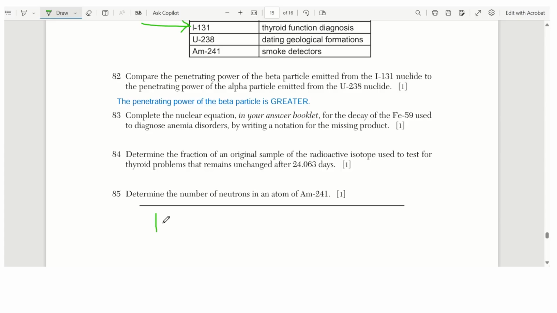First, if in a fraction, I start with 1, the whole thing. Then I would have a half. After another half-life, I'd have half of a half, which is a quarter. After another half-life, I would have half of a fourth, which is an eighth. After another half-life, I would have half of an eighth, which is a 16th.